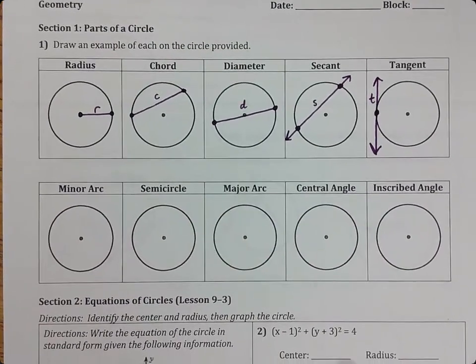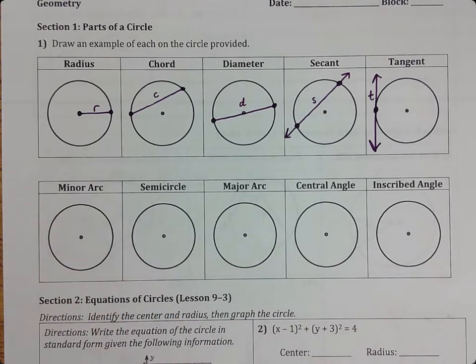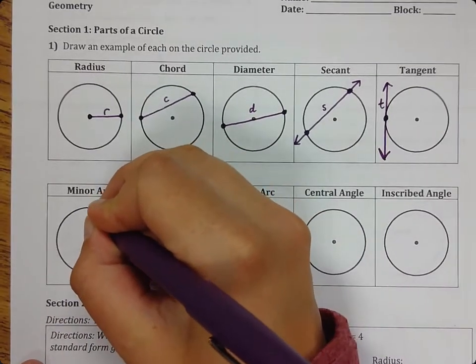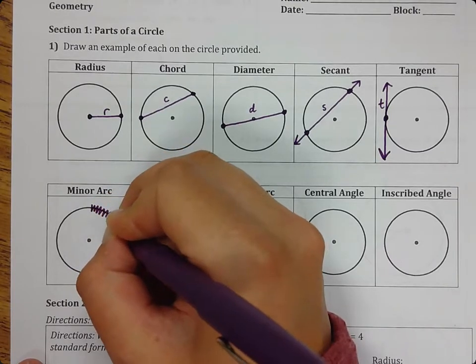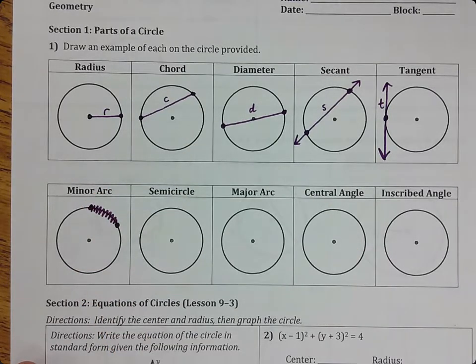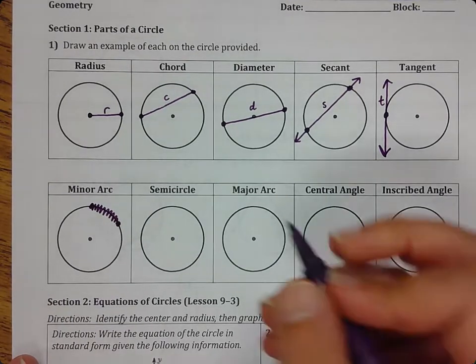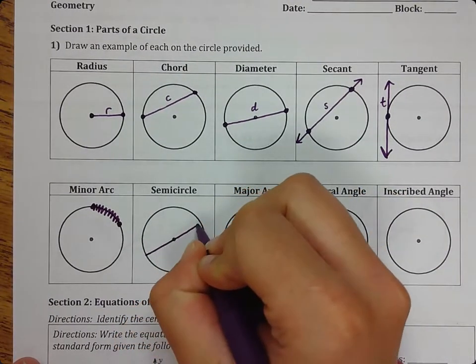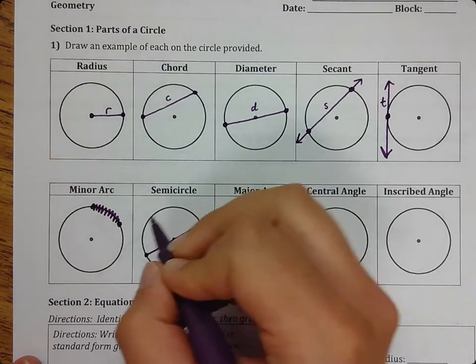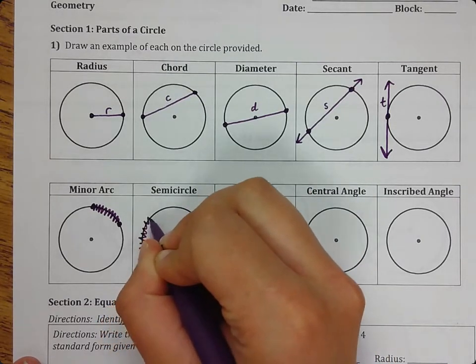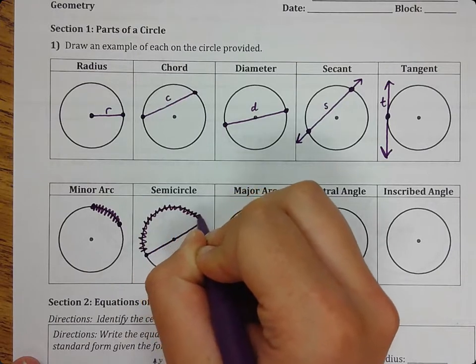And then my next line of boxes are all having to deal with arcs. A minor arc is an arc that measures less than 180. So you could draw as many arcs in there as you wanted. A semicircle is half of a circle or half of an arc right here.